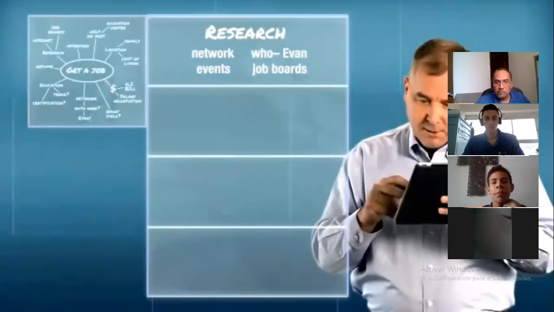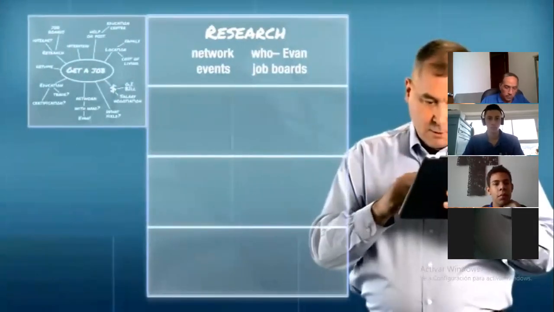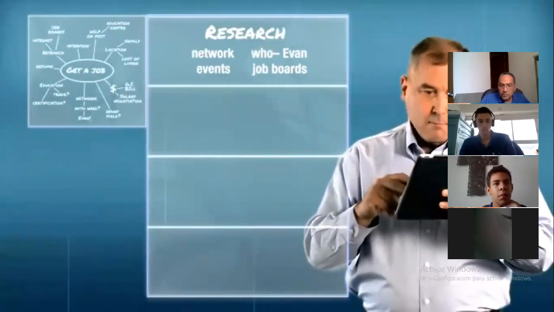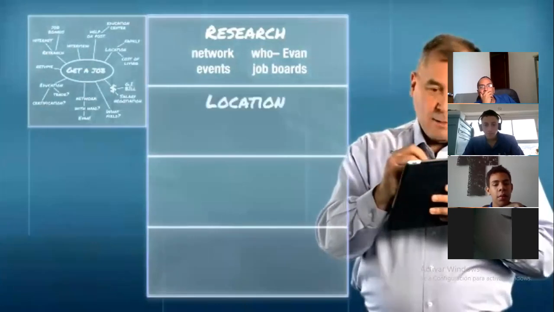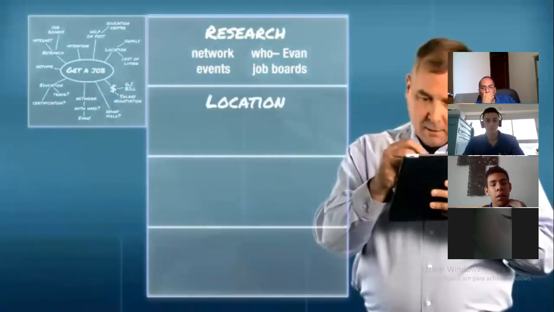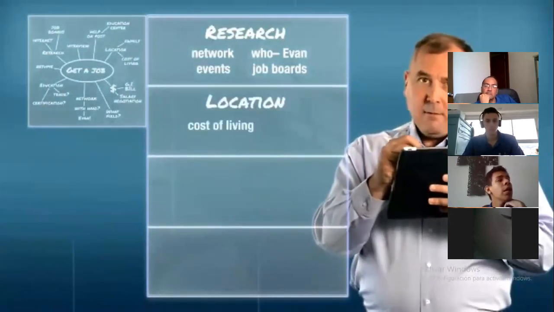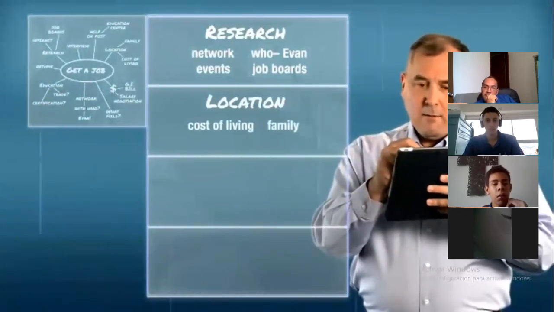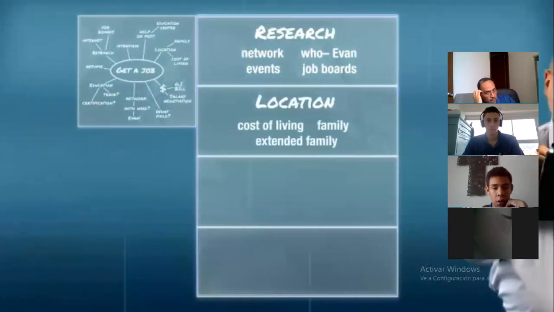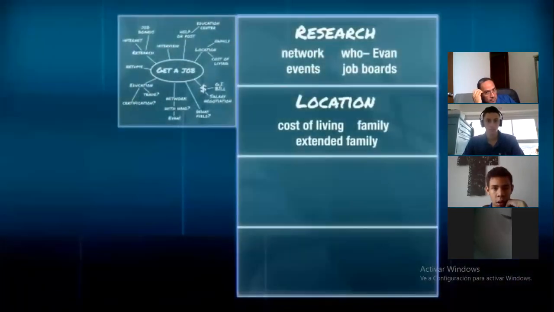What's another category that surfaces with two or more items on the mind map? Location. Let me write down location. What goes into that? Oh, cost of living, family needs. I need to consult with the family. What about extended family? Let me write that down too. Another category is education.